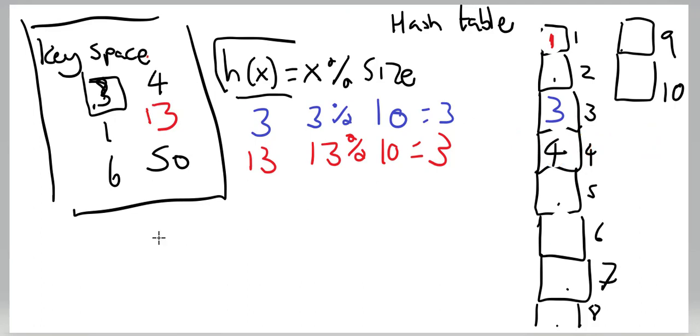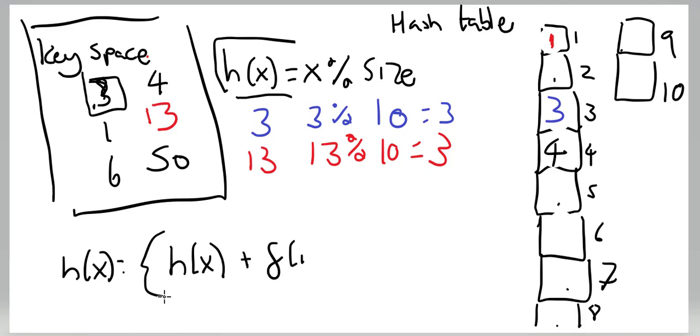So this will look like this as a formula. I'm not very good with this pen yet. h(x) equals (h(x) plus f(i)) mod the size.